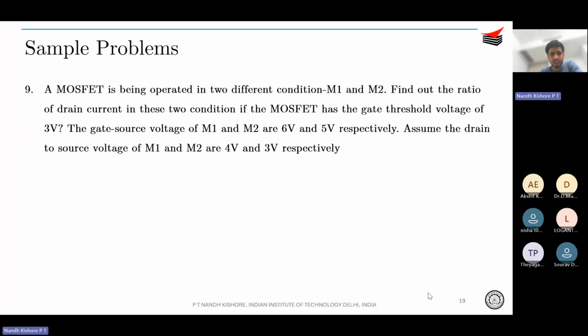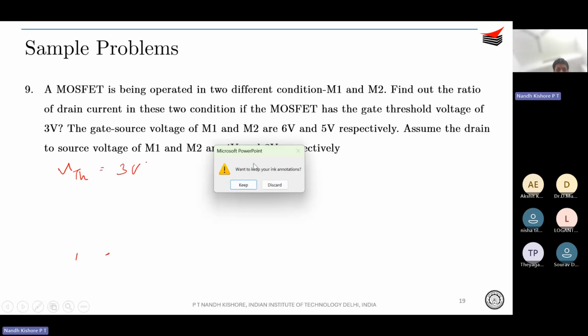A MOSFET is being operated in two different conditions, M1 and M2. Okay. Find out the ratio of drain current in these two conditions if the MOSFET has the gate threshold voltage of 3 volt. So V threshold for both of them is 3 volt.